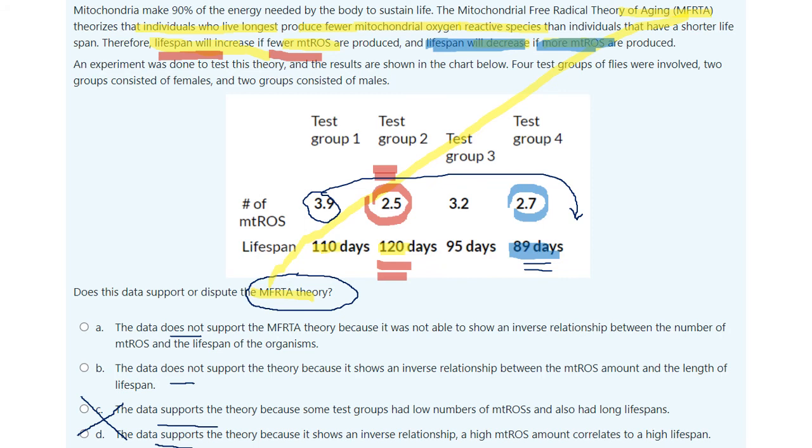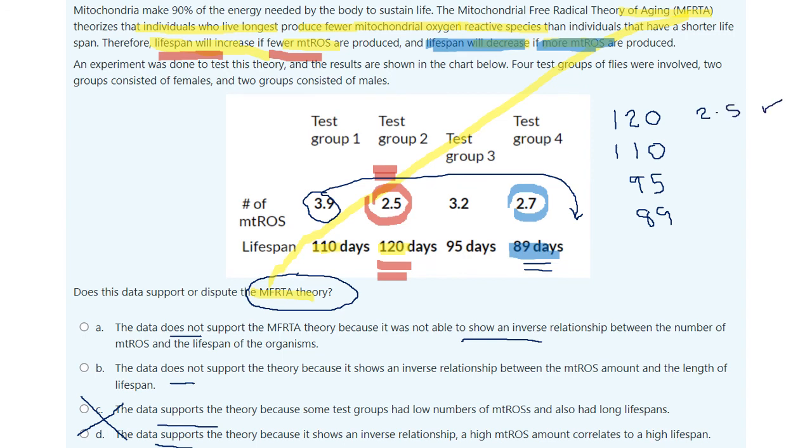Why? Because there is no inverse relationship. If we have the days, the longest is 120, and then we have 110, then we have 95, and then we have 89. The 120 days has only 2.5 MTROS.